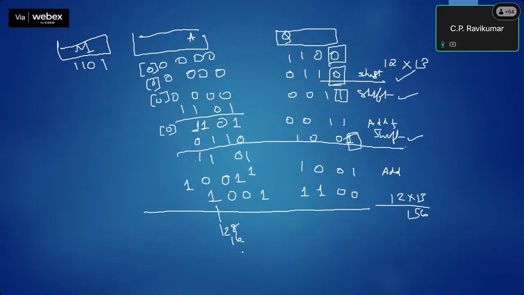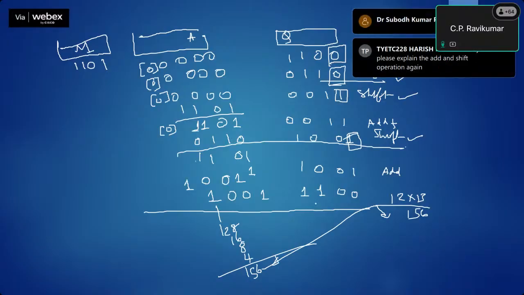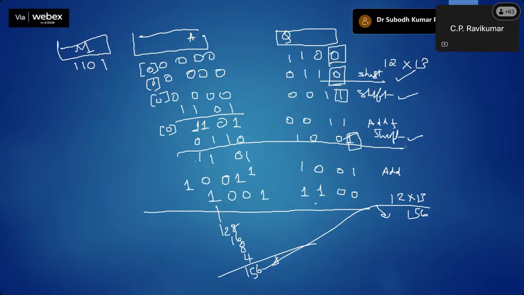This guy is 8. This guy is 4. So 8 plus 6, 14. 14 plus 8 is 22. 22 plus 4 is 26. 2 plus 2, 4. 4 plus 1 is 5. So they are the same. Okay, add and shift.